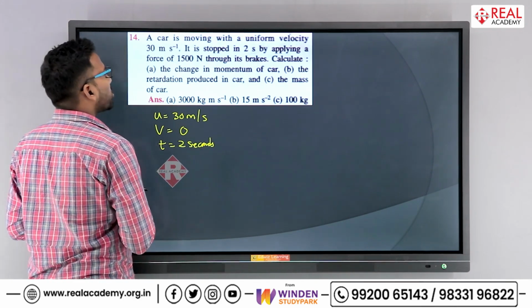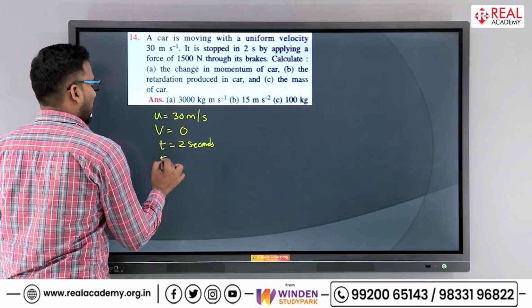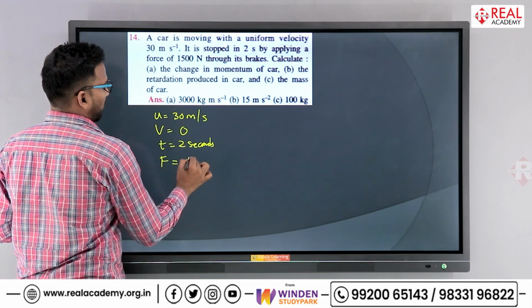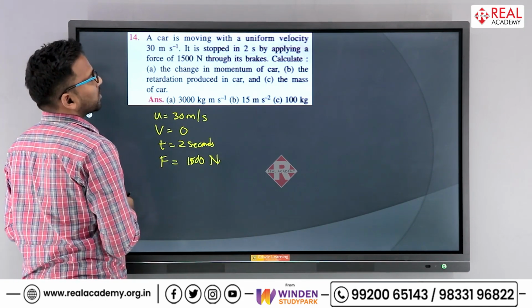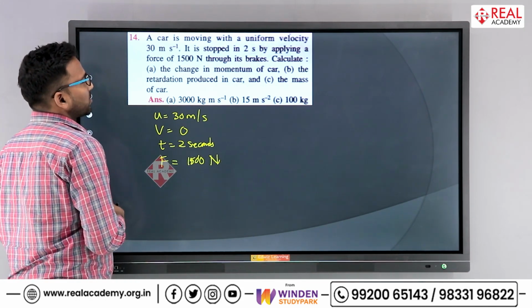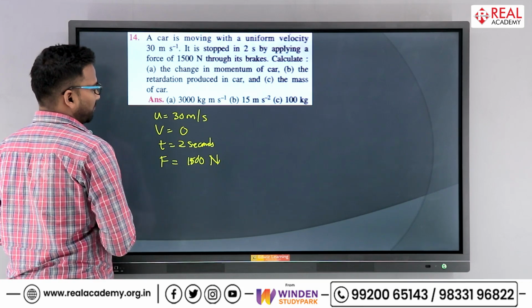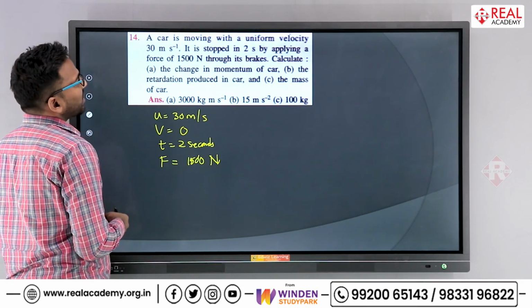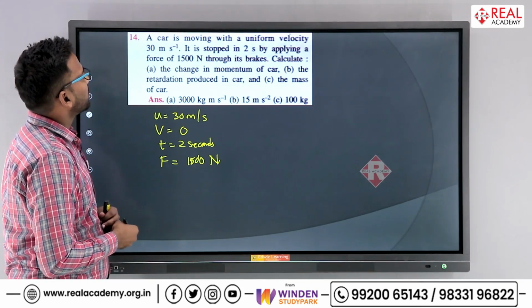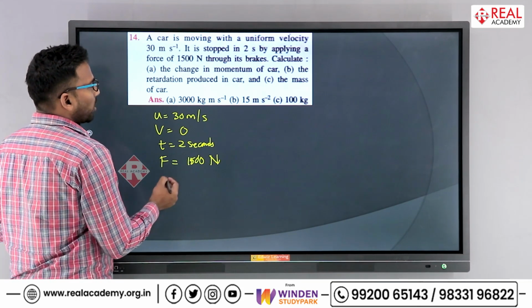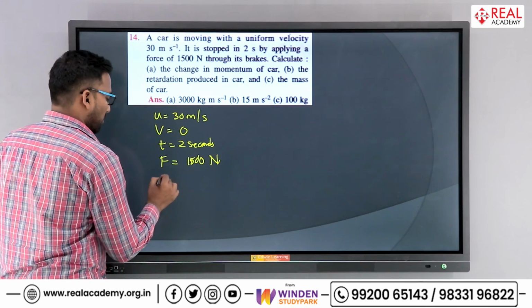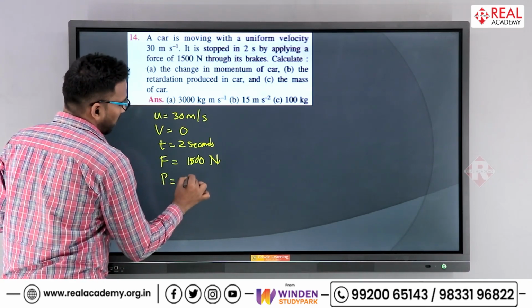By applying force of 1500 Newton, they have applied 1500 Newton force through its brakes. First one, calculate change in momentum. Here mass is given or what? Okay, calculate change in momentum. To calculate change in momentum, P is equal to mv.